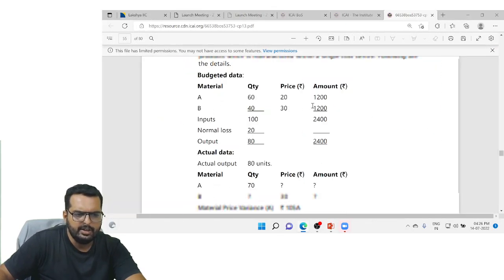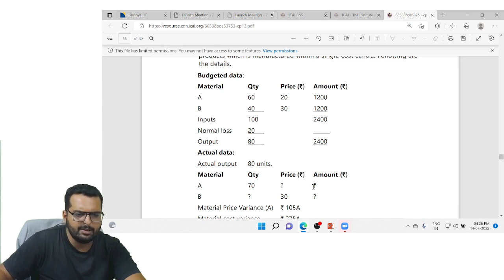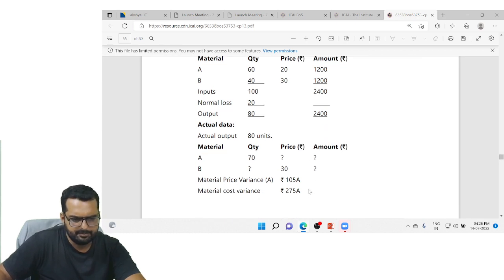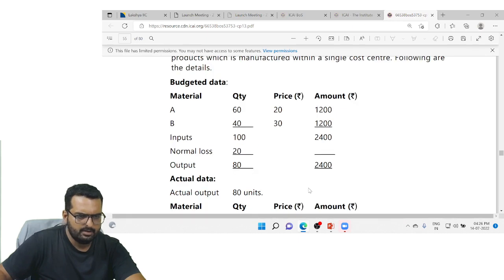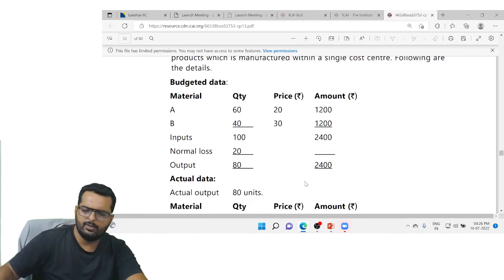Question number 3. This is an interesting question. You have some fill in the blanks to be done. Try doing it on your own. I'll give you 5 minutes, then we will do it together.